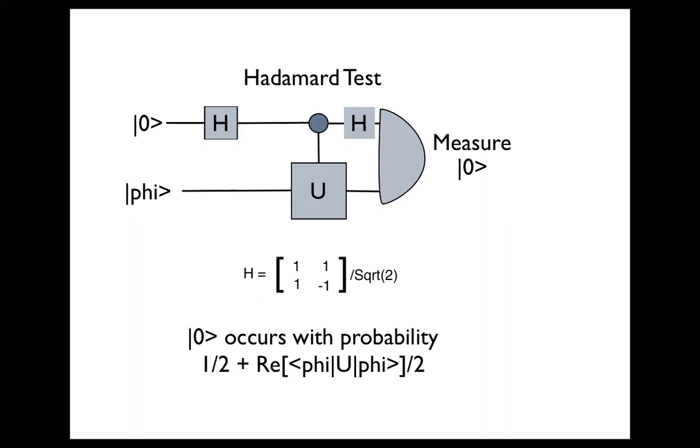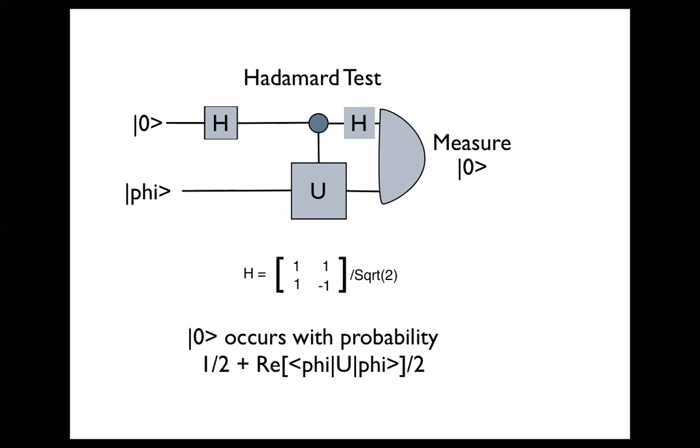Sorry to interrupt, but there was a question about what's CU in the next slide. Let's stay with this slide. Well, the previous slide, there was a CU. The CU is the controlled U. The controlled U, as I described it, I have no pointer when I'm using this slideshow, is the little blob connected to the U, which is acting on a single tensor line tensored with whatever the U does.